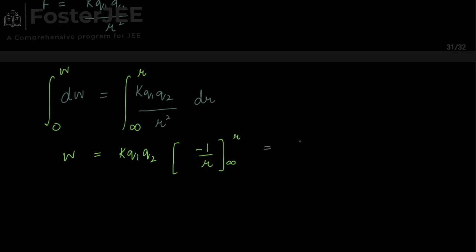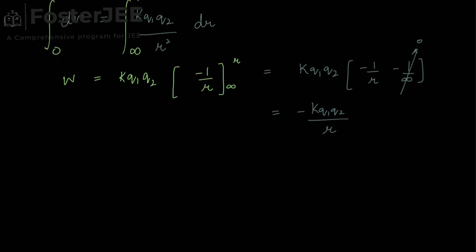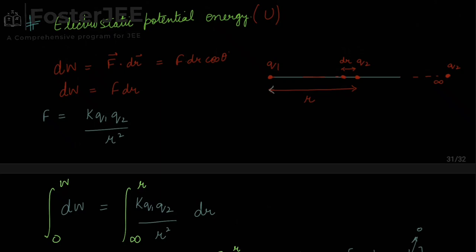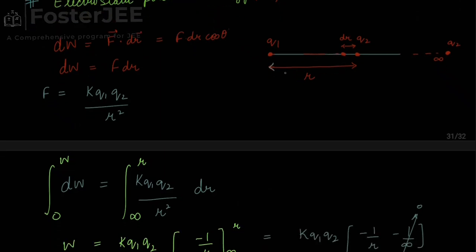Now putting the limits, this becomes kq1q2 times minus 1 upon r minus 1 upon infinity. This becomes 0, so this becomes minus kq1q2 upon r. Now this is the work done to bring q2 from infinity to a distance r.